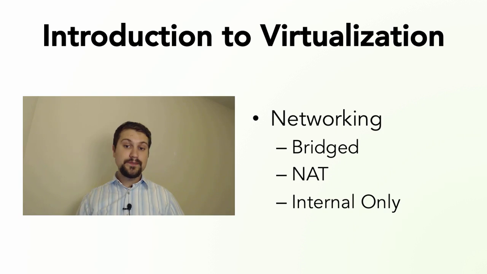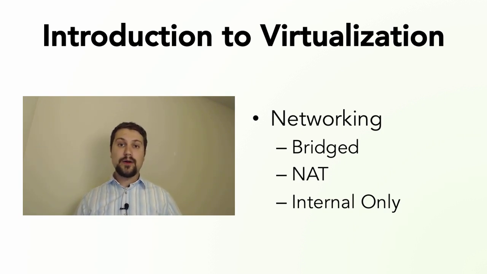You have bridged, which means that the VM is going to share the NIC of the physical hardware, whether that be a wired module or a wireless NIC. Both your host PC hardware and the VM will have two separate IP addresses, and the hypervisor will maintain that communication so both can actually talk out to the network.